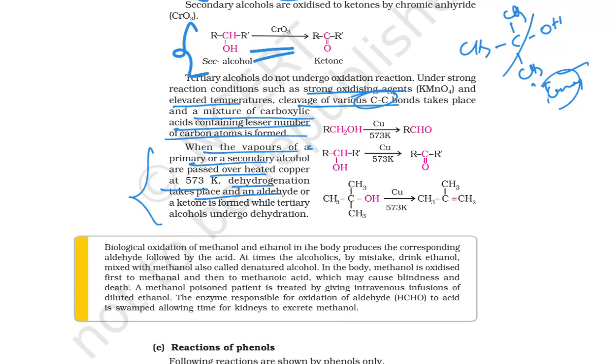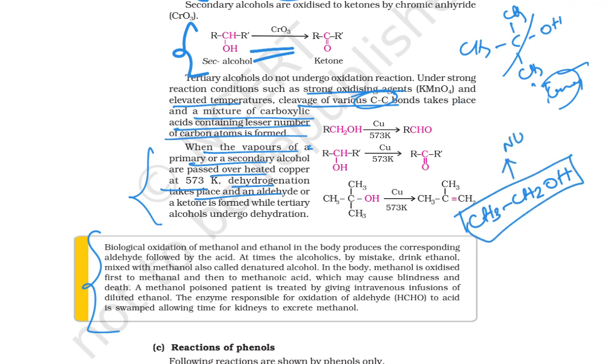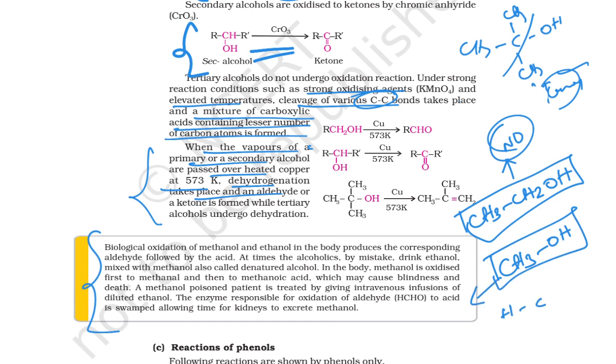So this is a bit complex, okay. If alcohol consumers are taking ethanol, okay, it is not harmful to your health. But in case this ethanol is mixed with methanol, this is not good for health, okay, because this is going to produce formaldehyde.